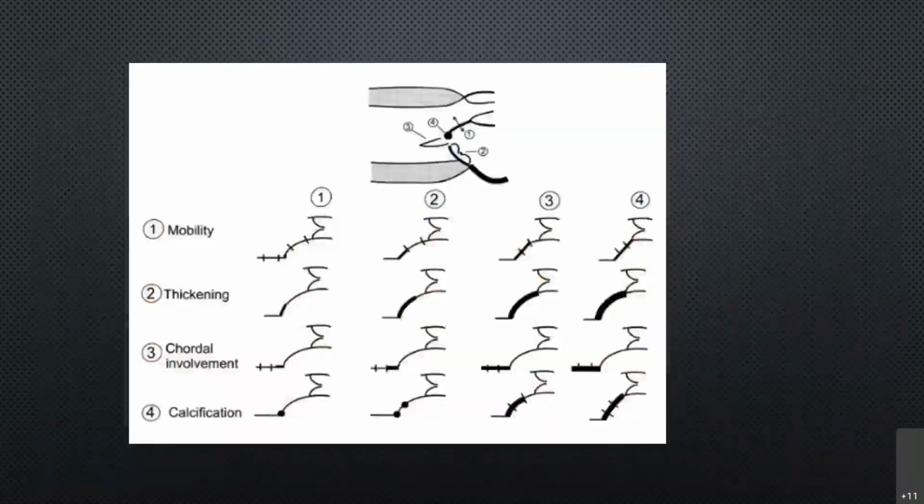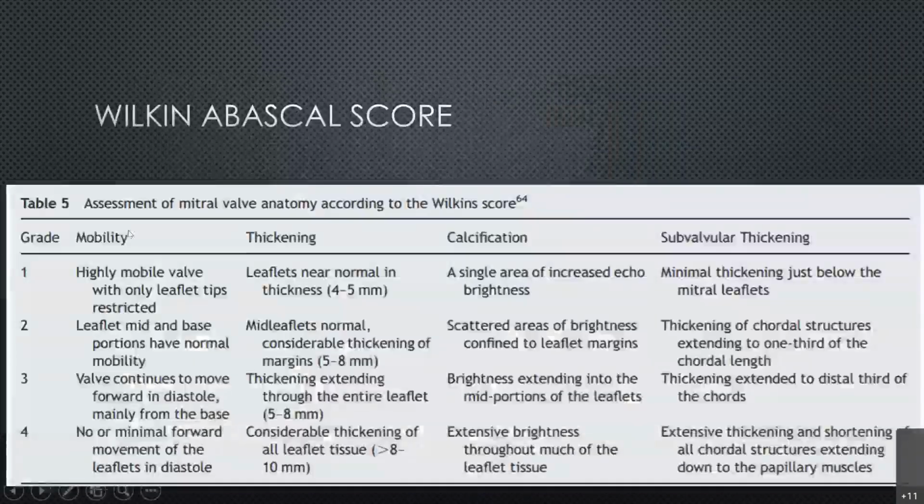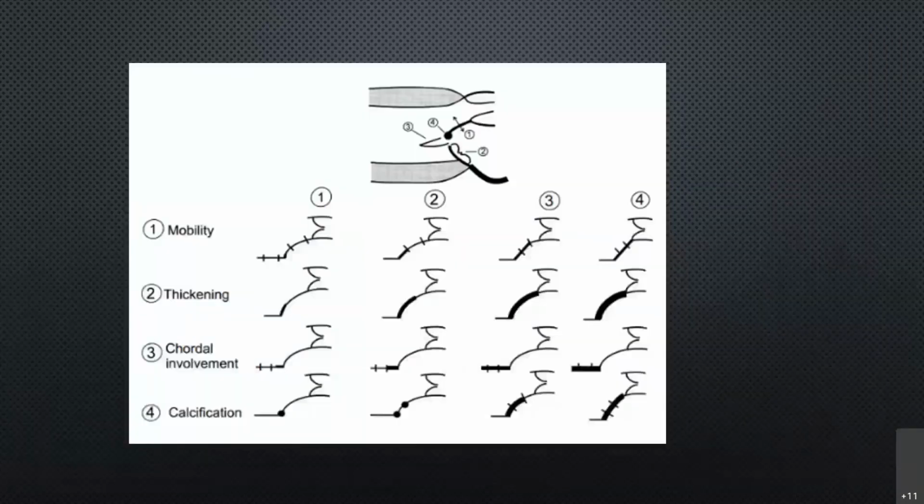And I quiz you on what the components are: mobility, thickening, calcification, and subvalvular thickening. Everybody gets that wrong sometimes. So I don't think they'll quiz you on all the details of the scoring or grading system, but you should know the 4 categories.